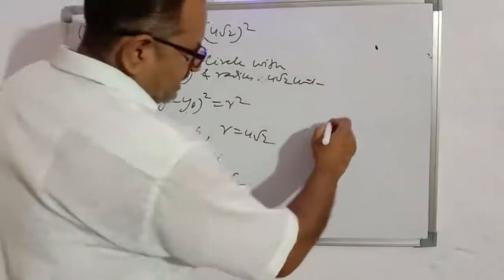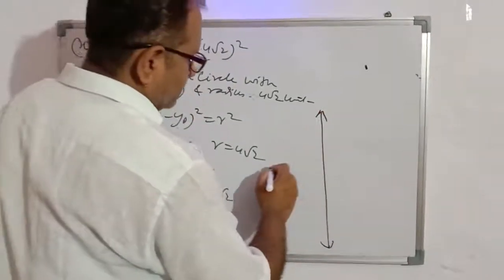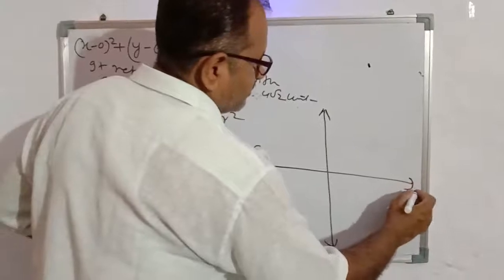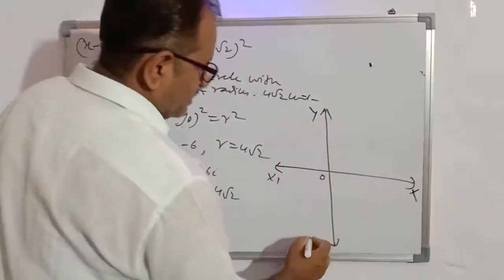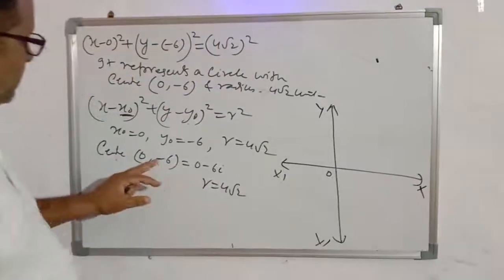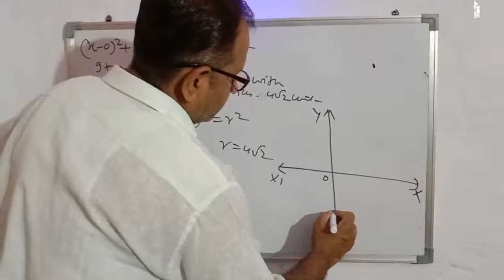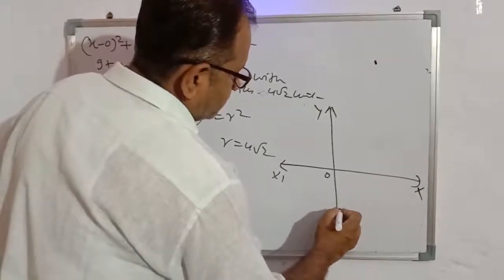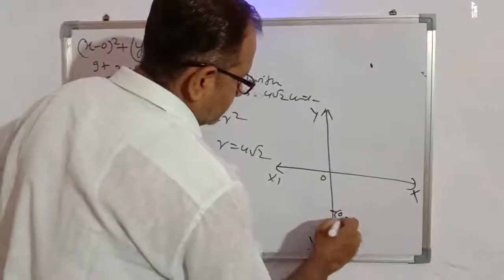Now we have to represent it in the Argand plane. So we will draw the x-axis and y-axis, real axis and imaginary axis. Where is the center? (0, −6) means below the origin on the y-axis.